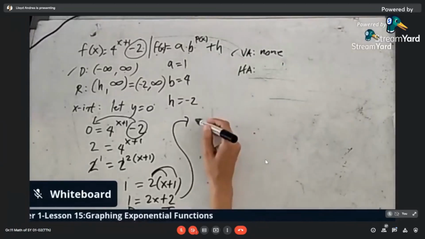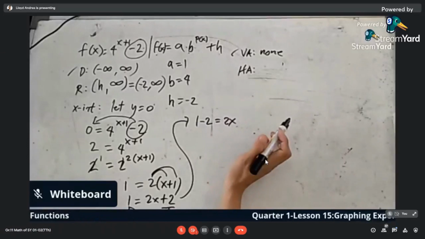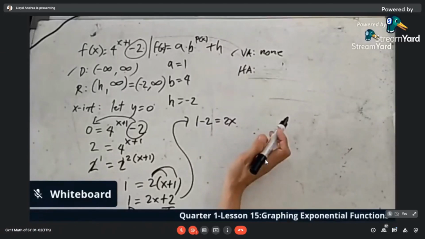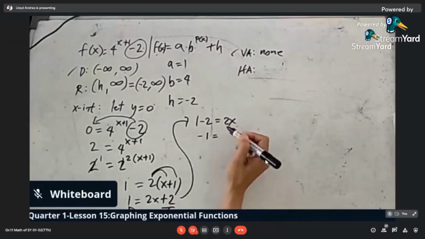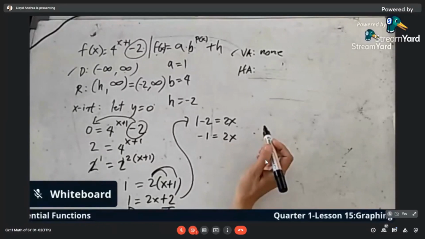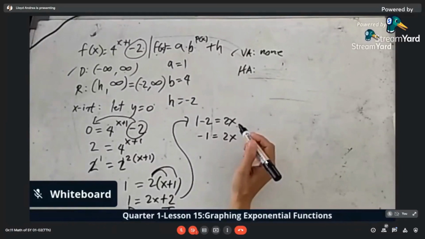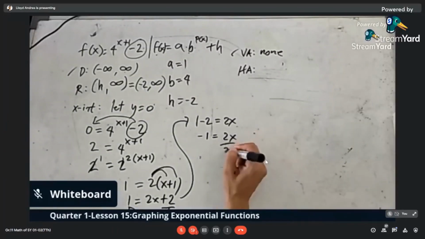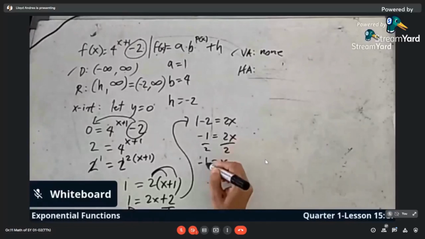So that becomes 1 minus 2 equals to 2x. Next, so negative 1 equals 2x. If ever na naa koy namali, paki-comment lang sa comment section. Then, divide both sides by 2. So, our x is negative 1/2.